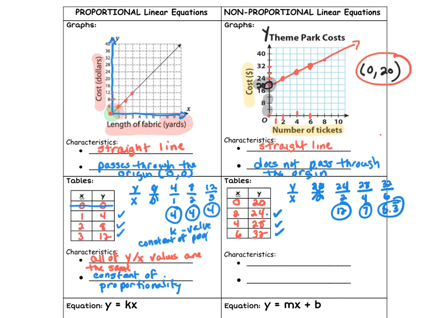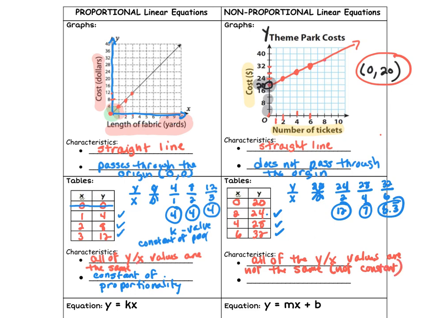So we can state that in a non-proportional relationship, or non-proportional table, all of the y divided by x values are not the same. So we're going to write that those are not constant.